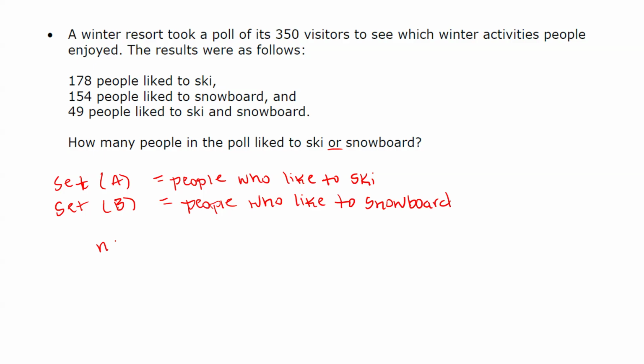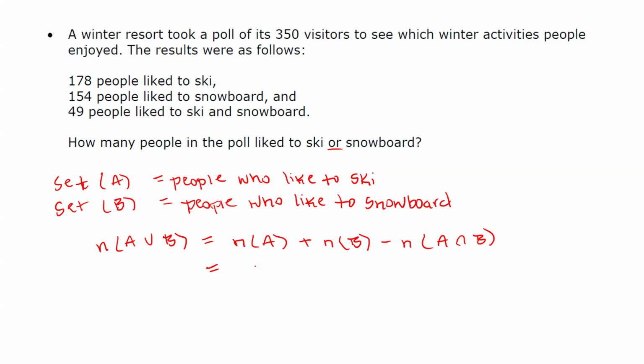So the number of elements in set A union B will equal the number of elements in A plus the number of elements in B minus the number of elements in A intersect B.